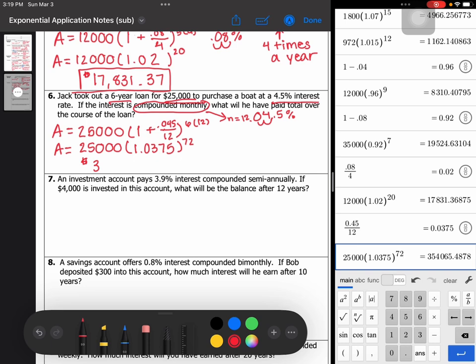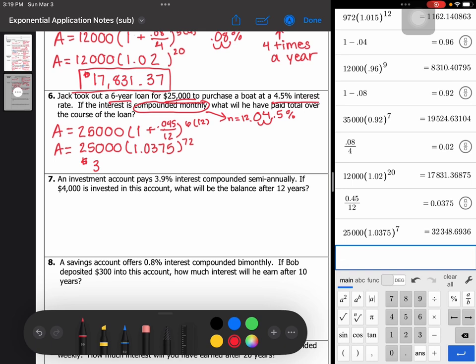did I type that in right? 25,000, 1.0375. That's what I missed. I forgot, look up here. I only moved my decimal over once when I typed it in. That's why my number was so big.